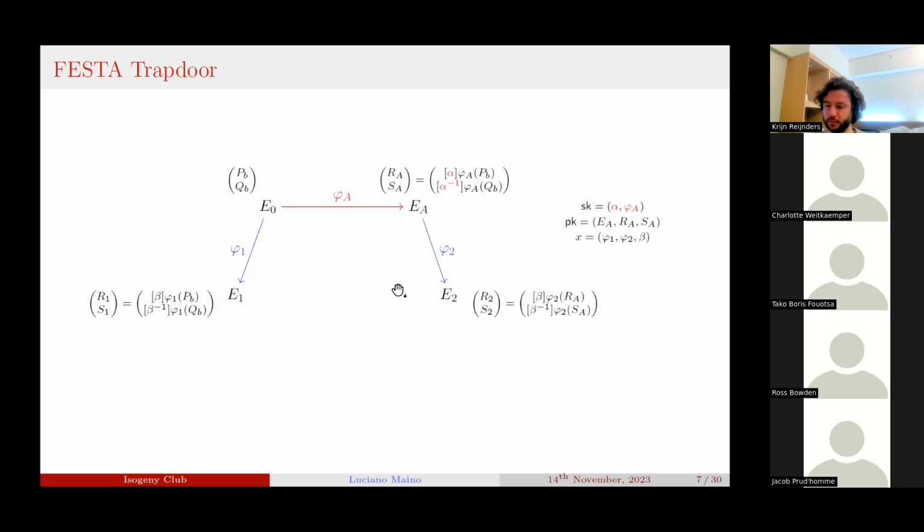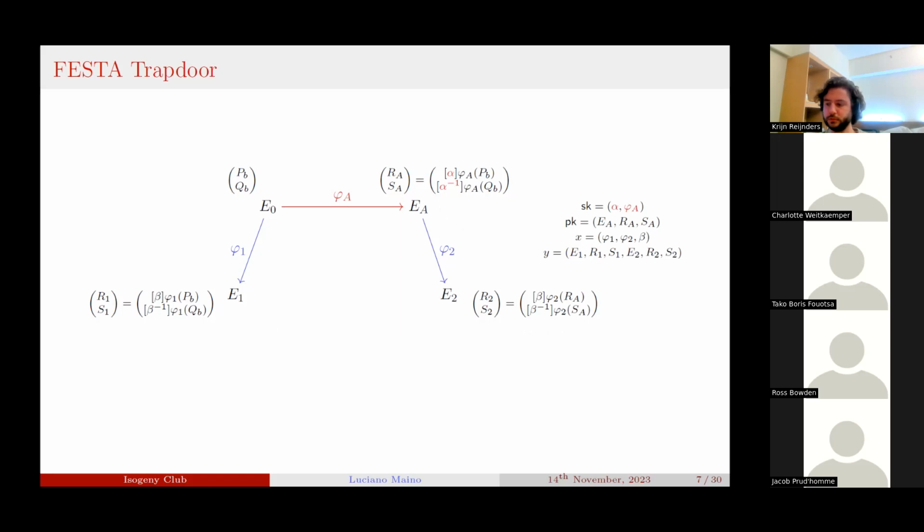We do the same process on phi_2, the second isogeny in the input of our trapdoor function. We evaluate phi_2 at RA and SA, and we mask phi_2(RA) by beta, the same beta as on the left side here. We do the same for SA, and we call this masked torsion R2, S2. So the output of our trapdoor function will be given by the curve E1 with masked torsion R1, S1, and the curve E2 with masked torsion R2, S2.